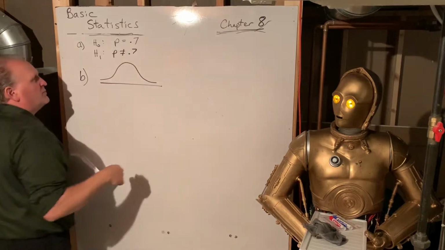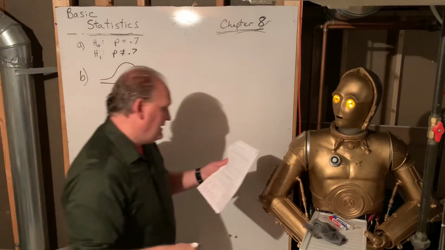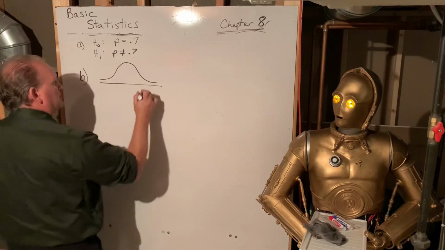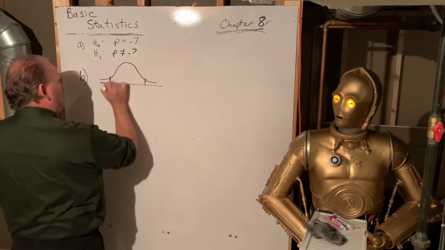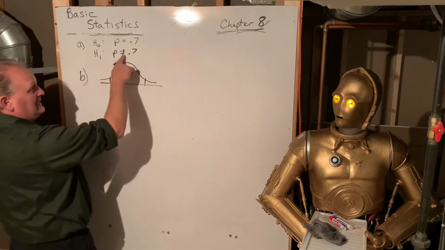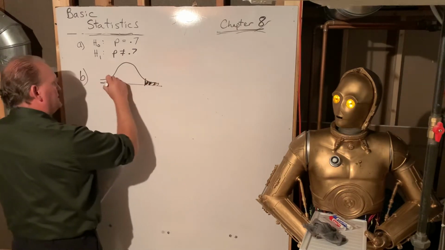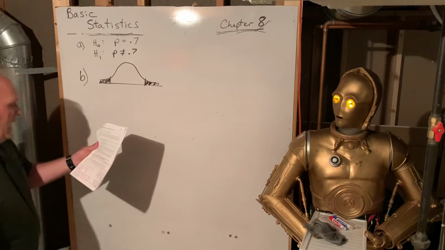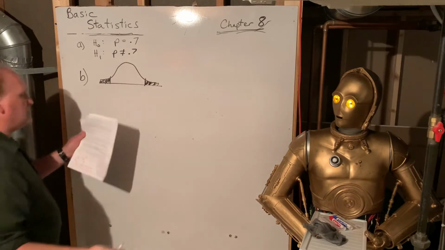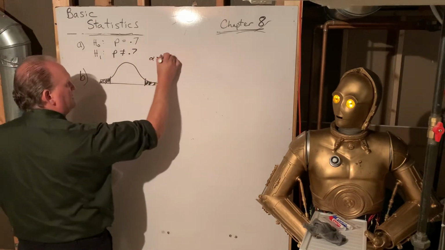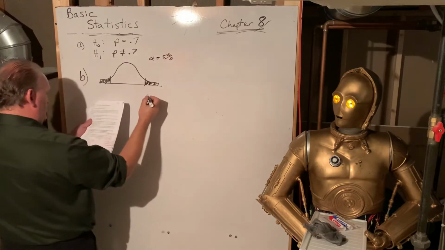Anytime we're doing proportions, it's a z test. And so we set our critical values. Two-tailed, because it's not equal to, that means two tails. And they wanted it at 5%, so you look up 5% two tails, and that gives you 1.96.